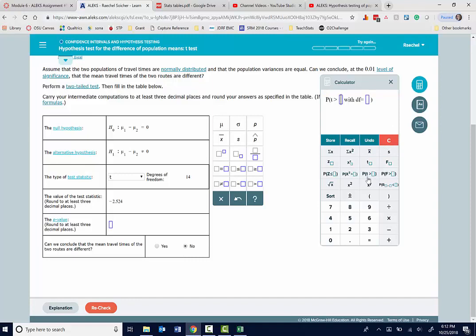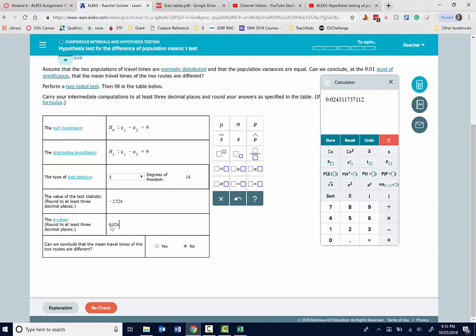And so we want to use greater than the positive 2.524, and our degrees of freedom is 14. And we're not quite done, so remember that this is just one of the 2 tails we need, so we're going to multiply this by 2 to get our actual p-value, and so our p-value is 0.024.